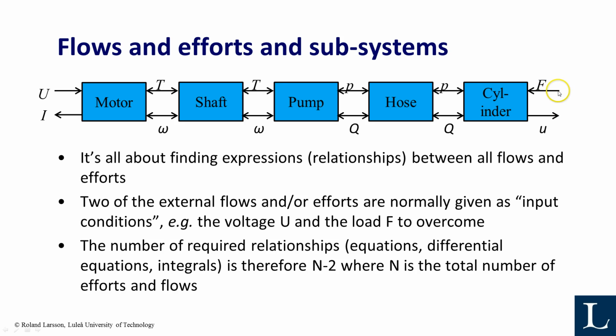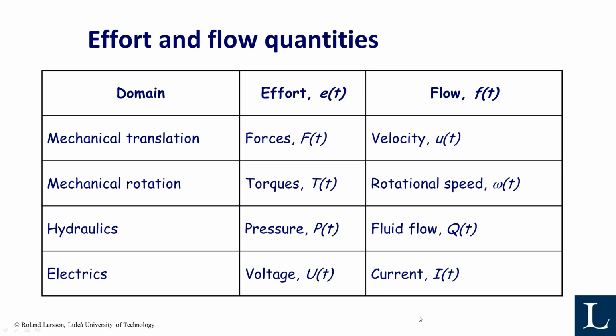But since we already know the input F here and we know the input U here, then we only need as many flows and efforts as the number of subsystems. So we need n efforts and n flows. In this case, we need 10 relationships. We need 10 equations to be able to determine all the unknowns here. We're not going to do that here. We can do that in some other example.